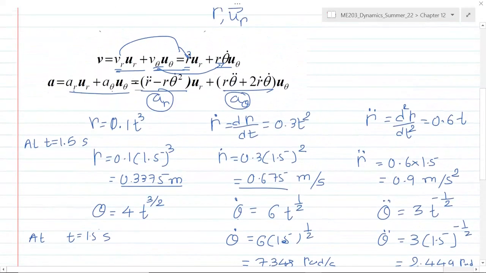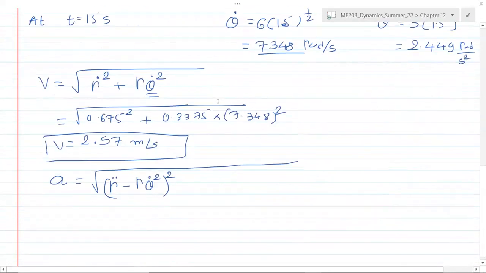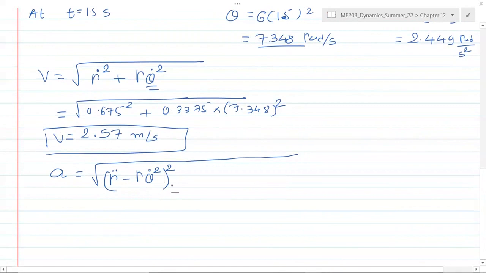The r theta dot square is part of the equation, but we have to do the square of the whole thing for the vector magnitude calculation, plus r theta double dot plus 2 r dot theta dot, whole square.